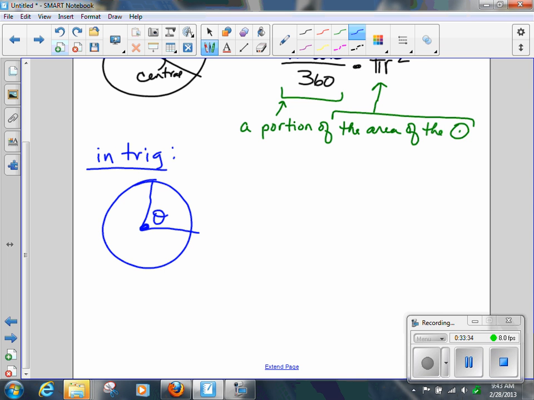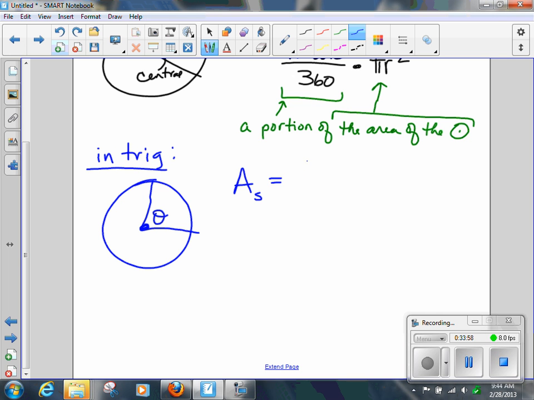Theta, of course. And y'all, this is so silly. You're not going to find it in a book. But this is the way I represent the area of a sector. I put A subscript S. I know that's silly, but it's just what I do.